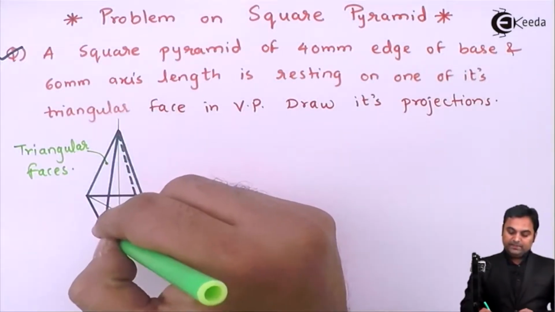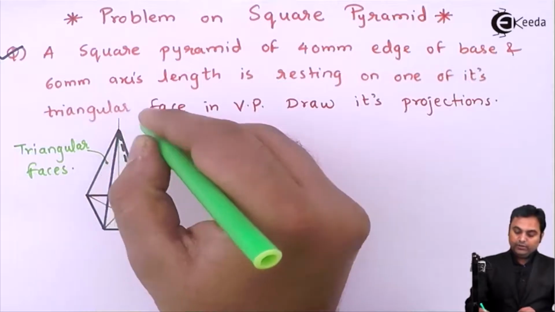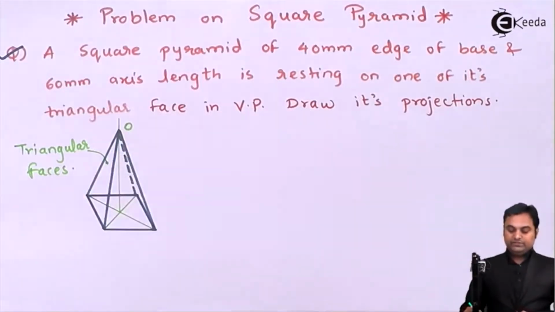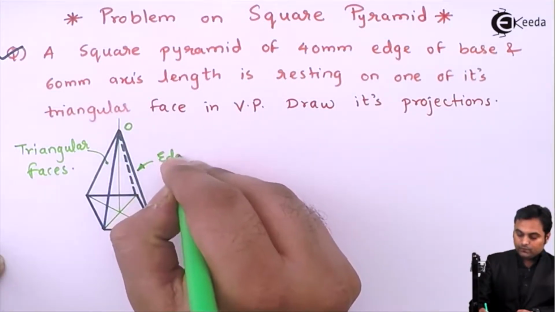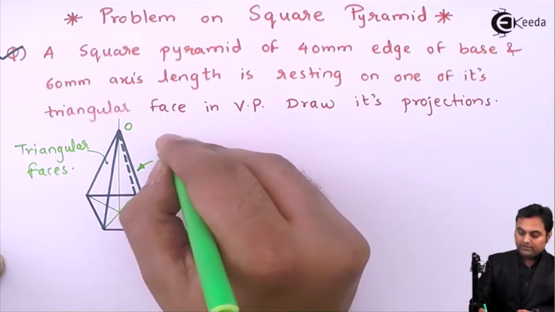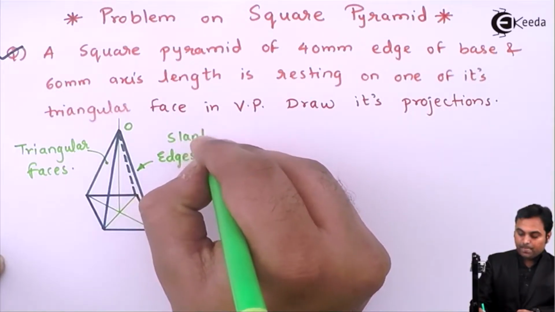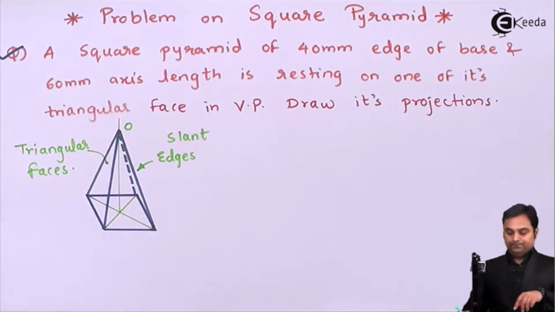And all these base edges are connected to a common apex, which is point O. Then these are the solid edges, or we can say the slant edges of the square pyramid.